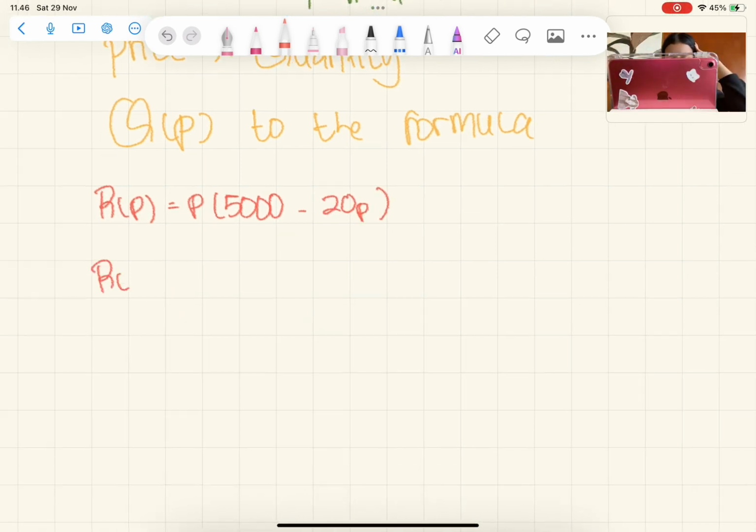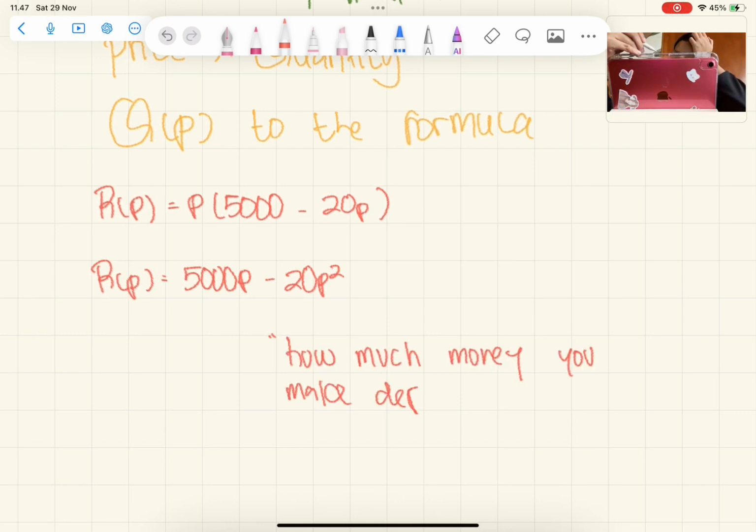This is how I write it, but then I'm going to expand it so that it looks nicer. Basically, this function tells you how much money you make depending on what price you choose.